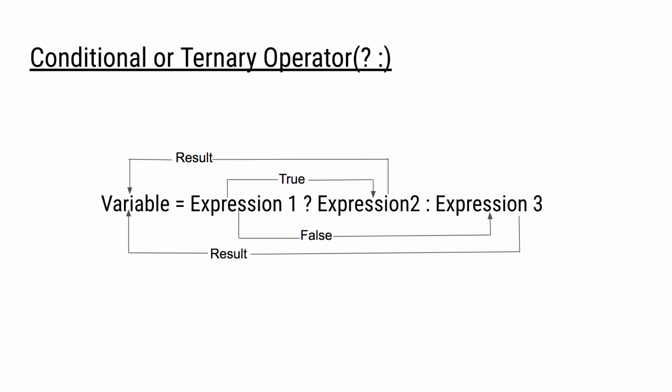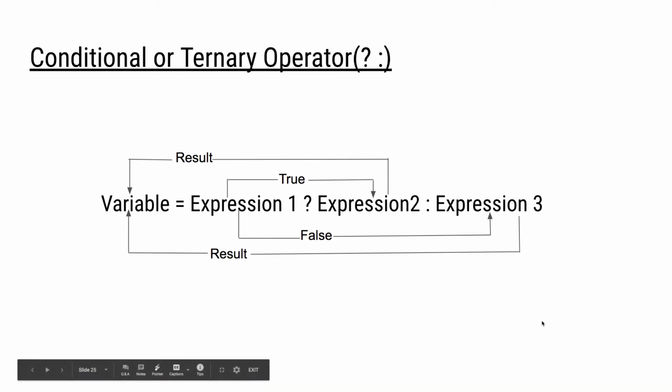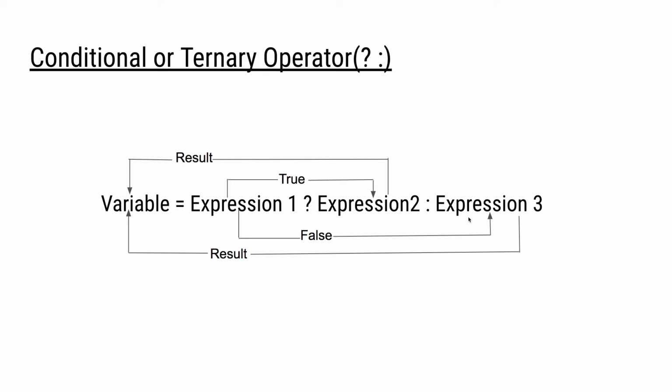The syntax of the conditional or ternary operator is: variable is equal to expression 1 question mark expression 2 colon expression 3. Since the conditional operator, question mark and colon, takes 3 operands to work, they are called ternary operators.